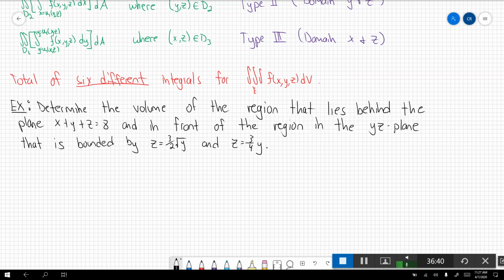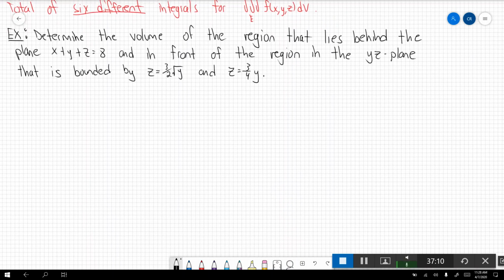All right, so determine the volume of the region that lies behind that plane given by x plus y plus z is equal to 8, and in front of the region in the yz plane. All right, so we have some region in the yz plane that is bounded by z is equal to 3/2 square root of y, and z is equal to 3/4 y.